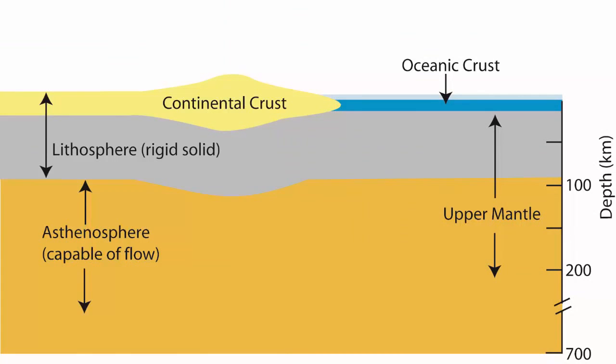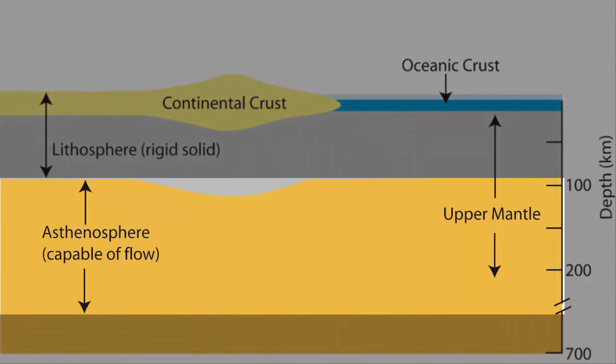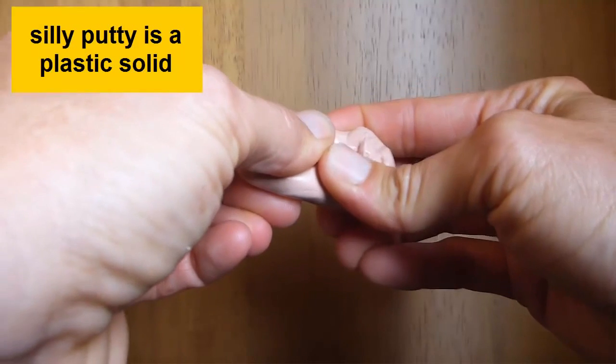To understand how crust floats, we need to look more closely at the top of the mantle and how it interacts with the crust. Because of the water content of the mantle and the temperatures and pressures encountered in the zone between about 100 and 300 kilometers depth, the region there, called the asthenosphere, behaves like a plastic solid and is capable of flow over long periods of time.